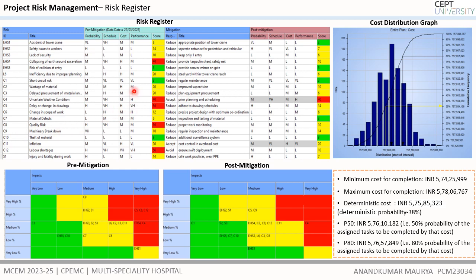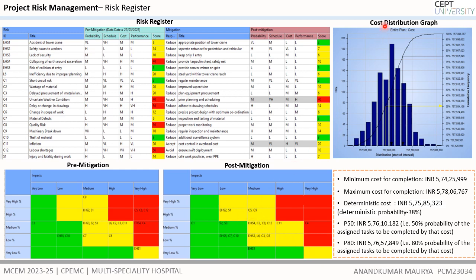Here, before the mitigation plan, the matrix shows six risks in the severe risk category. After the post mitigation measures, the risk scoring and severity decrease. The five severe risks considerably decrease to medium severity.